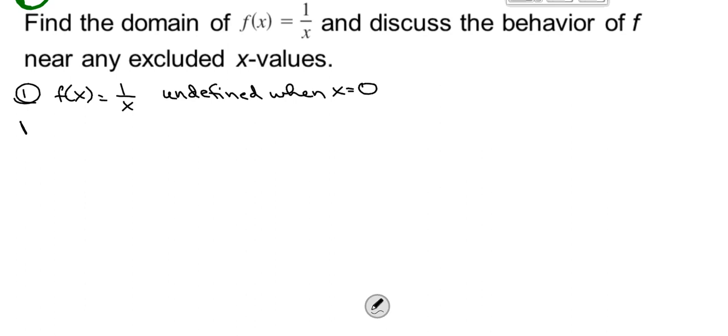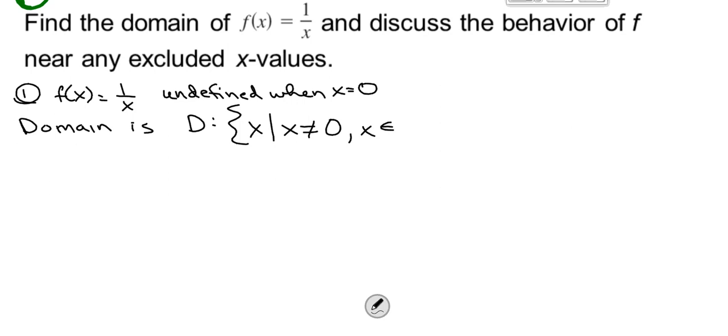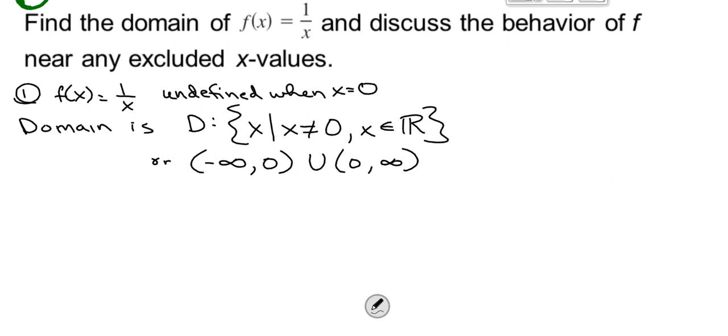So the domain is D, and in set builder notation is the set of all x such that x does not equal 0 and x is an element of the real numbers. If we wanted to give that in interval notation, we could say it goes from -infinity to 0, union with 0 to +infinity. So that's our trouble spot, where the denominator is going to be equal to 0.